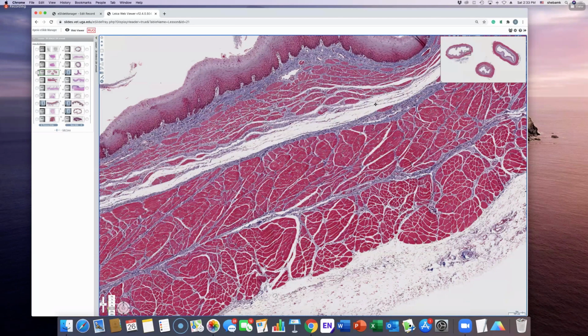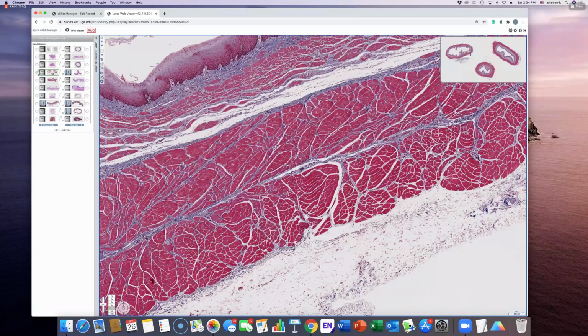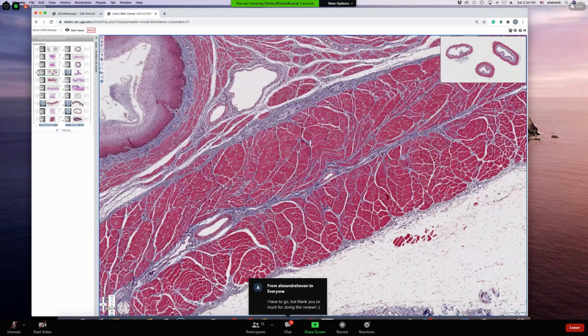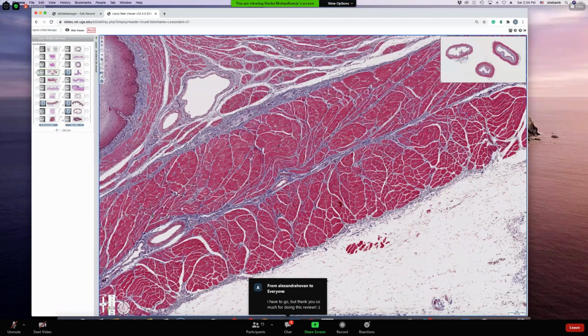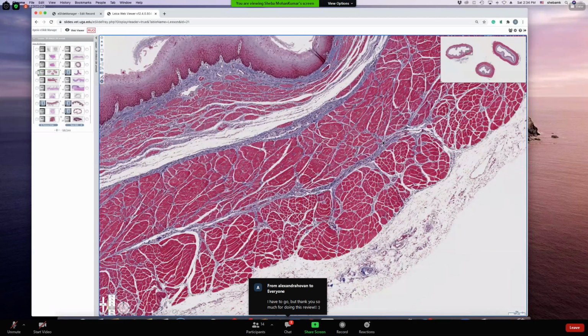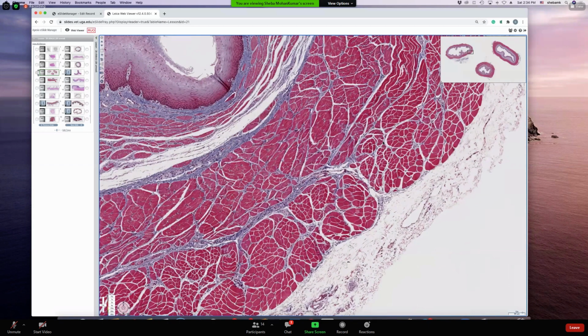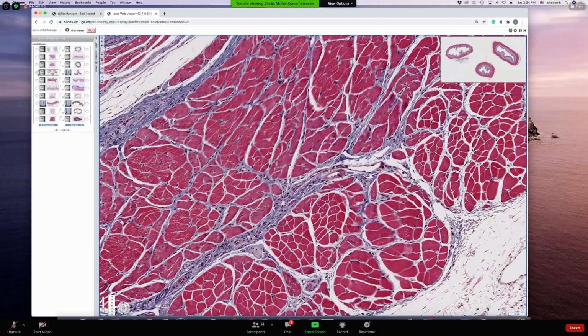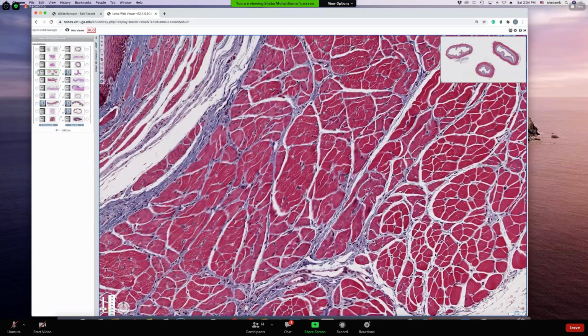Interestingly, some parts of this muscularis, let's look at it. Right here, all this is skeletal muscle. These bundles, but then these bundles are smooth muscle mixed in with the skeletal muscle. It's weird.